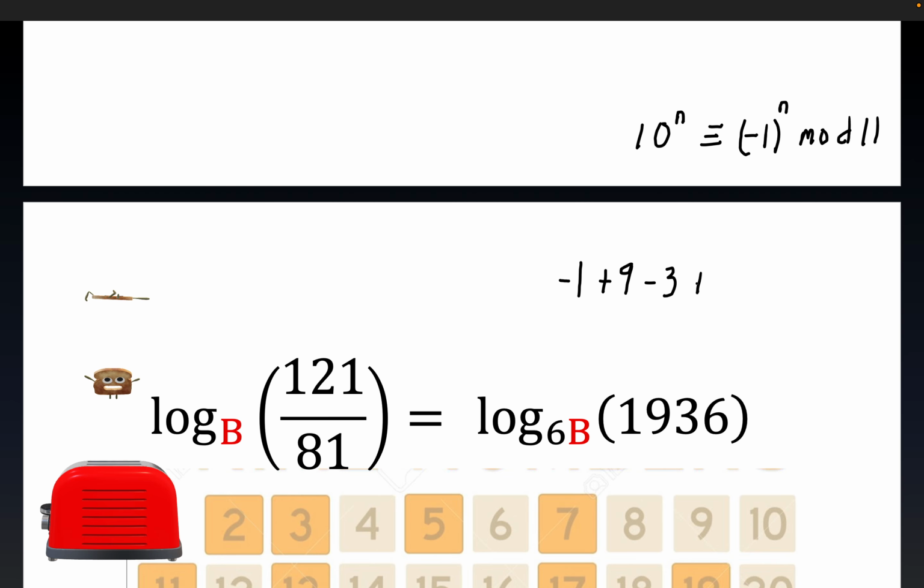Minus 3 plus 6, so that's 4, 15 equals 11. And so this is a multiple of 11. That means this number is divisible by 11, and it turns out this number is equal to 2 to the 4th times 11 squared.